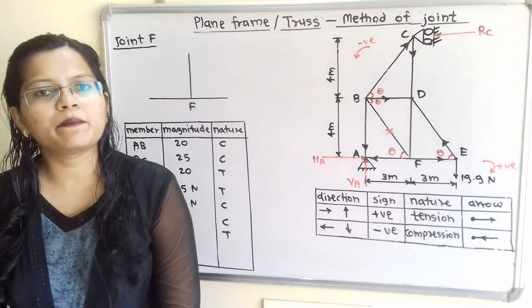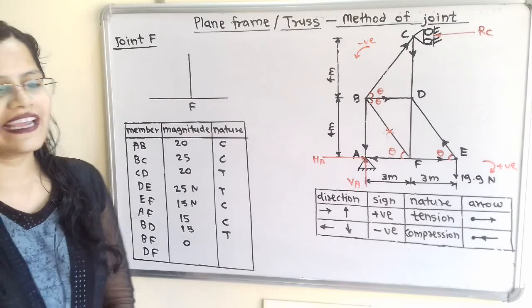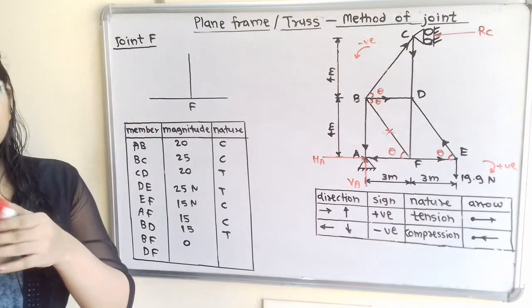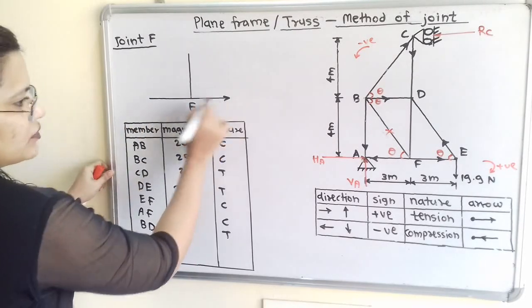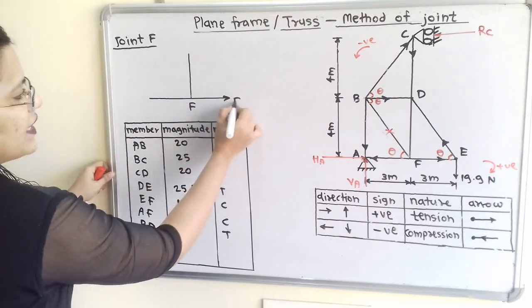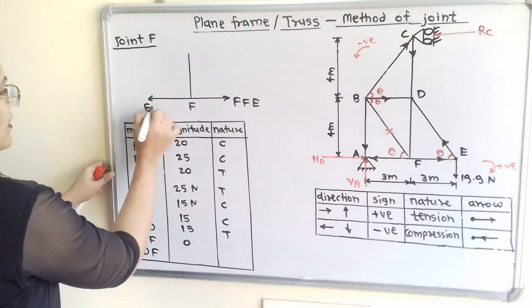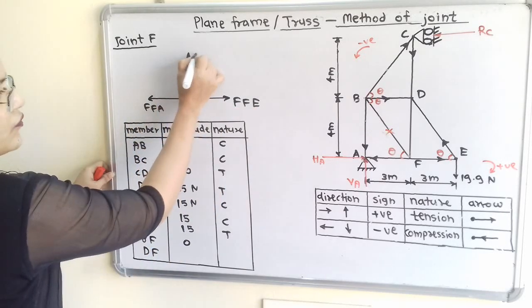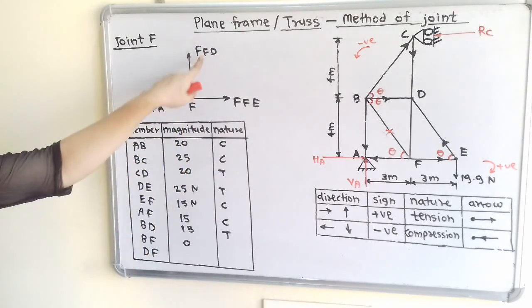Now the member with unknown force is FD. So we will take the joint F and we will show the direction of unknown forces in the outward direction. So related to F, here FE, then here is FA, and this unknown force is FD. Now we have to find out this FD.